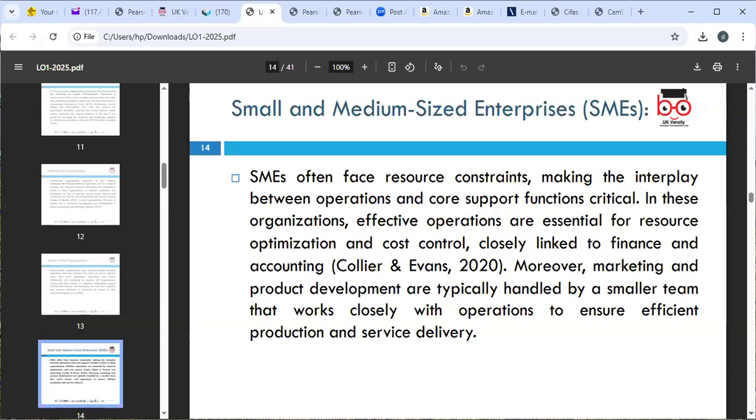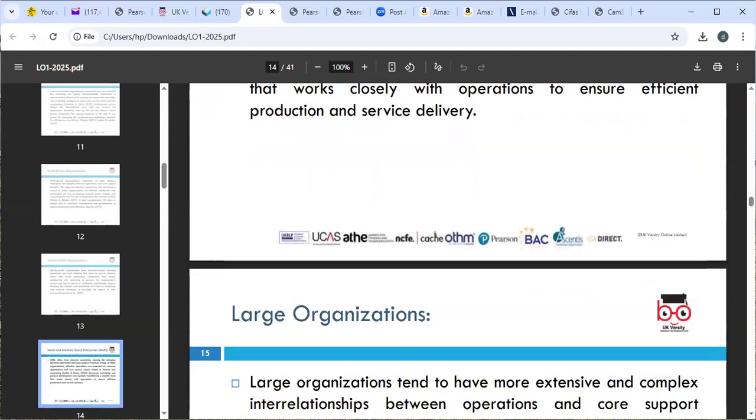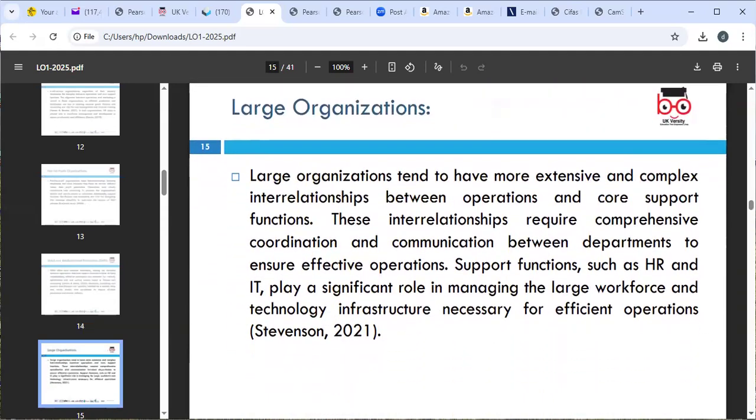So what makes them distinct is that they should have a very strategic marketing function within the organization that will seek to market them for all that they do. All right. Good. For large organizations, there may be quite an extensive number of interrelations between them.